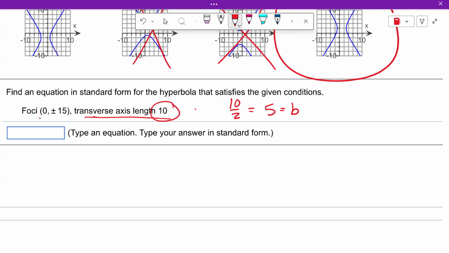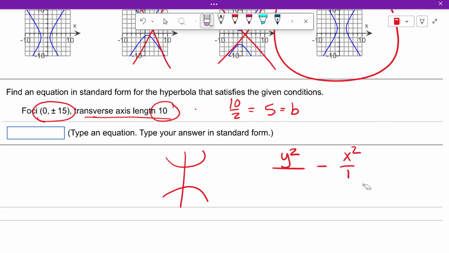The foci, are they on the x-axis or y-axis? Y-axis. So it's going to be an up-down hyperbola, so y is going to be positive. It doesn't talk about a center, so the center is going to be (0, 0). So it's going to be y squared over a number minus x squared over a number equals 1.